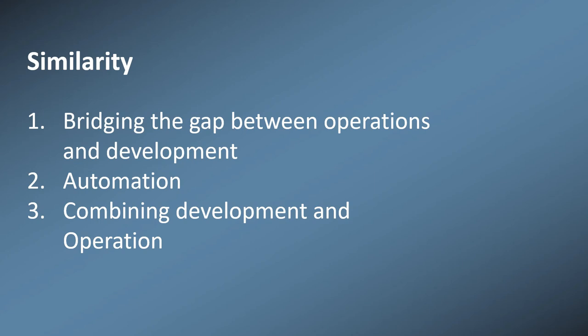Now, if you look at those two groups, DevOps and SREs, there is another common thing. If you look at Google SREs, we can see that the group consists roughly of 50% operators and 50% developers.